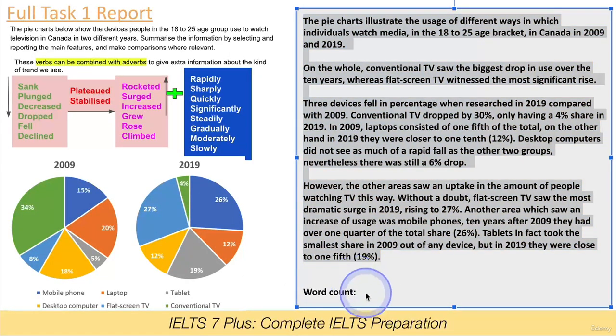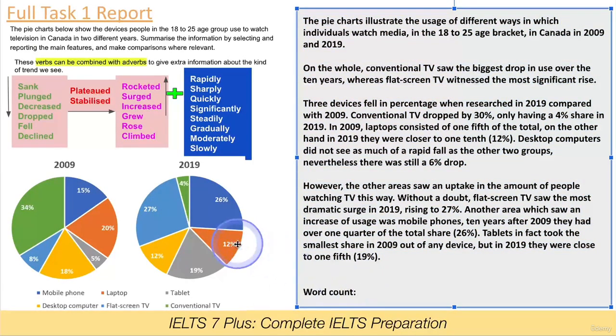Okay, that brings us to 199 words, so a bit over the 150 minimum there, but you can see how we've structured it today with our paraphrasing, overview, group 1, group 2. So depending how much you can do in the time, then at least you've got the structure, and this is a really strong way to answer the question for task 1.